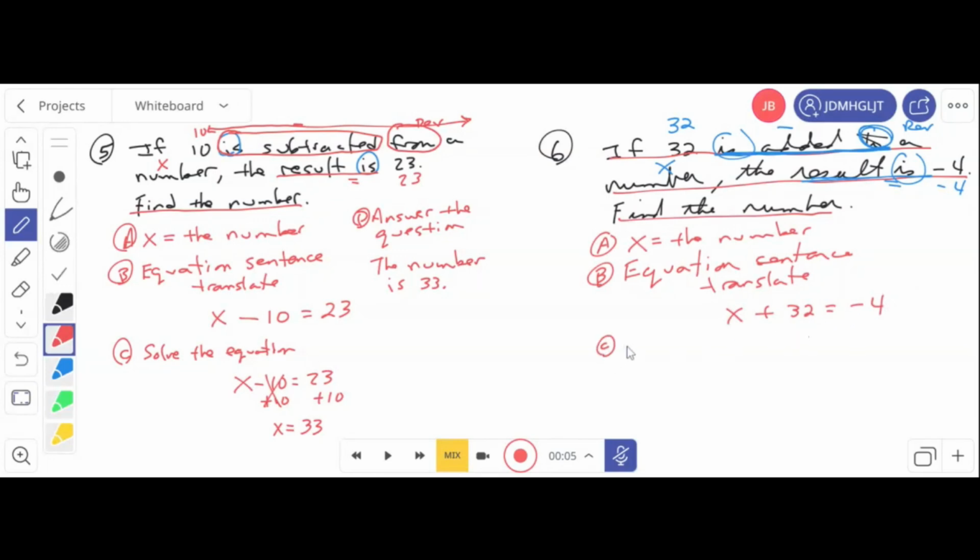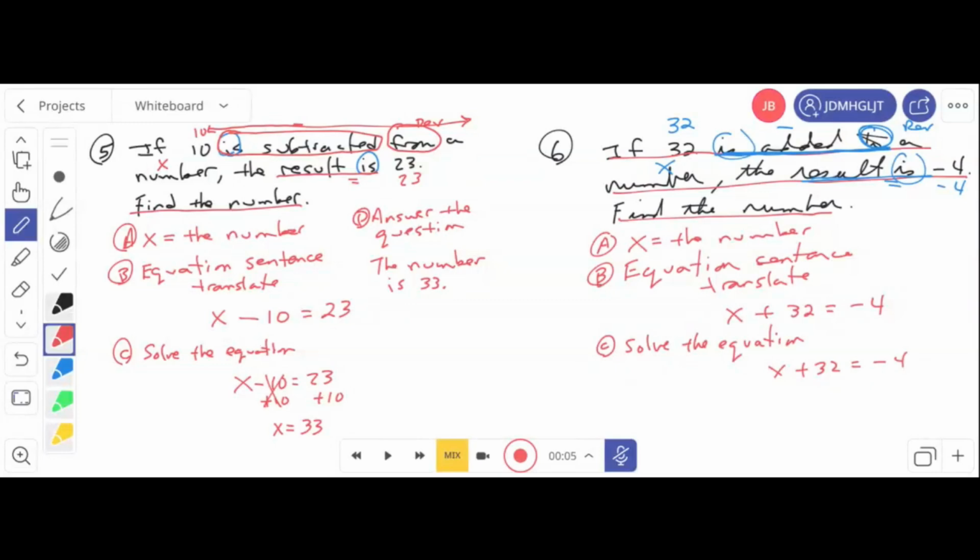Then the next thing we do is we solve the equation. So we have x plus 32 equals -4. Get rid of parentheses, there aren't any. Combine like terms, there aren't any to combine. Look for variable on both sides, we don't have that.